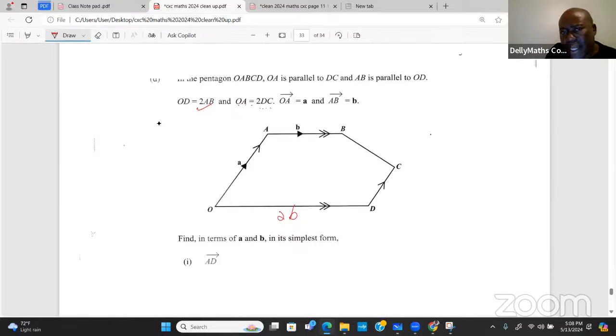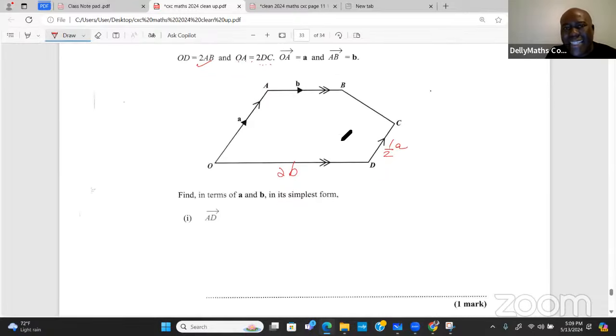So if you multiply DC by 2, you get OA. But we have the label for OA, and it is A. That means DC is a half of it. So DC is half A. If you multiply half A by 2, you end up getting A. So here we have labeled all the necessary details.